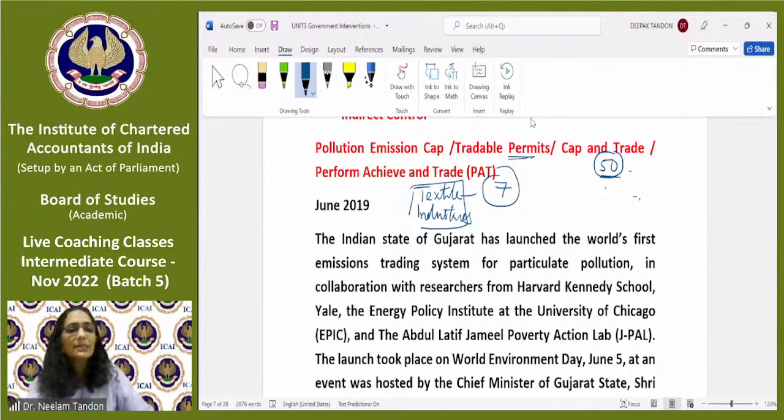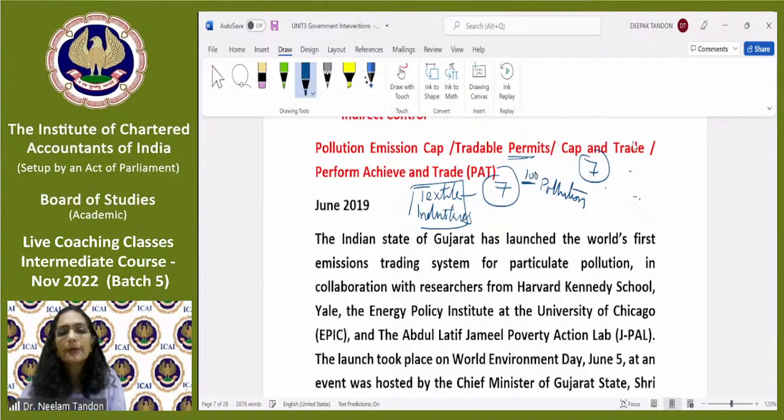Or let's say, let's take 7 to make it simple. So government has given 7 permits, 7 permits given to 7 firms. And these permits mean that you are permitted to emit this much pollution. Let's say 100 is the limit.